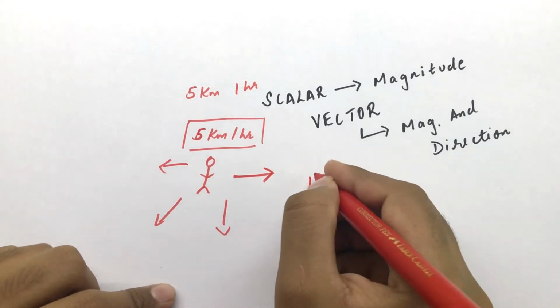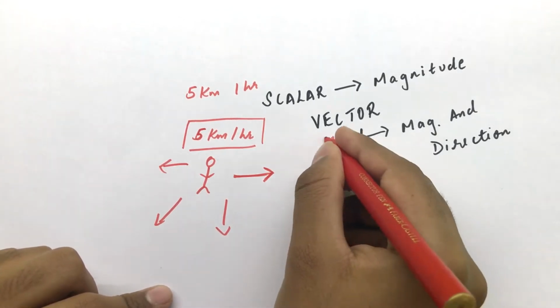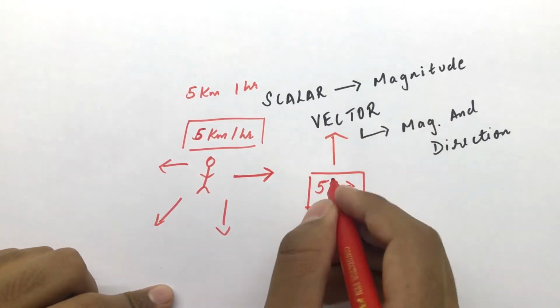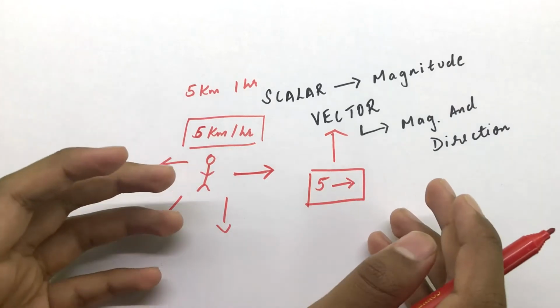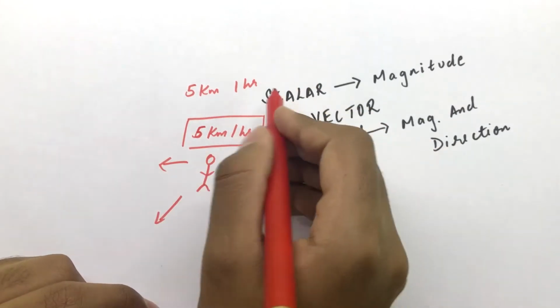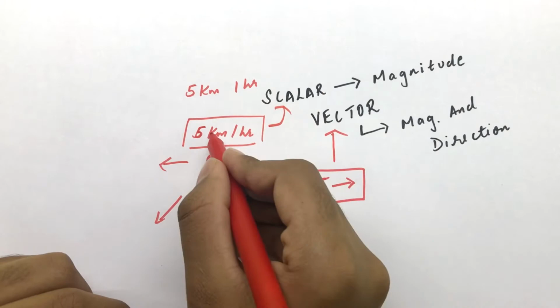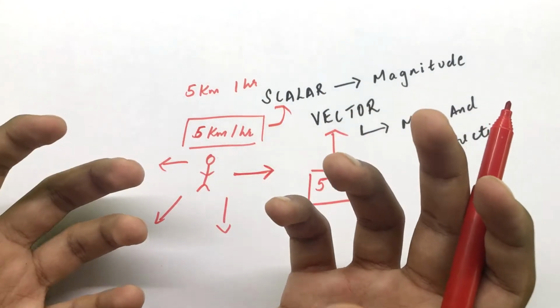This part as a whole is called a vector because this quantity has not only the magnitude but also specifies the direction in which the person is moving. But the scalar part is only the number part, which is the quantity that is measured.